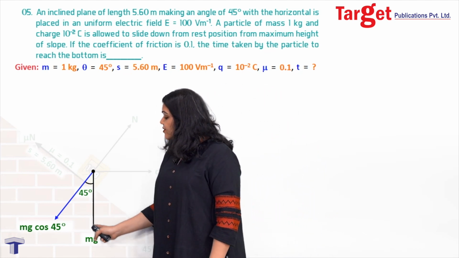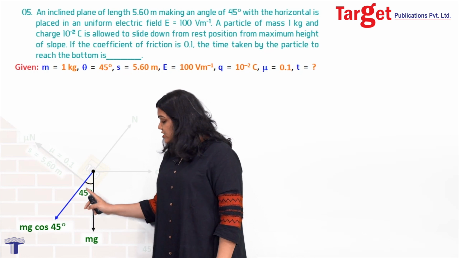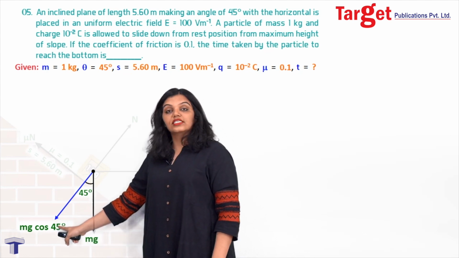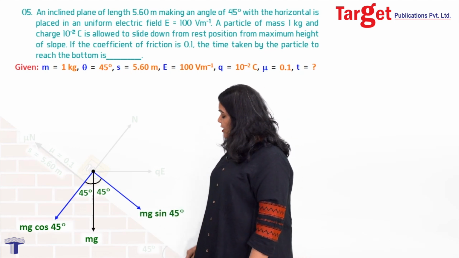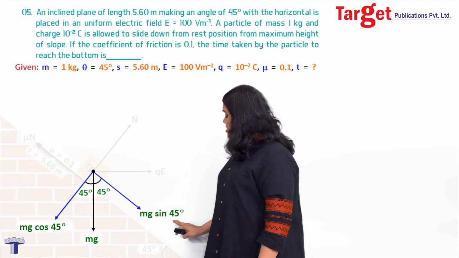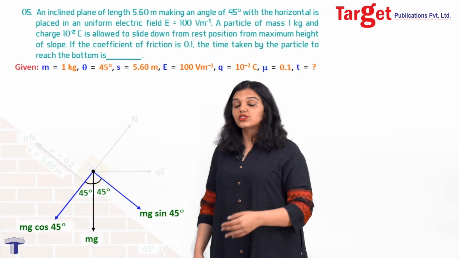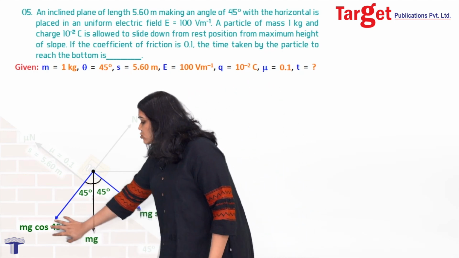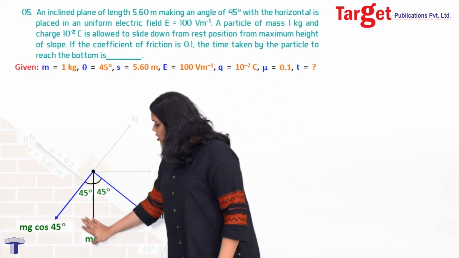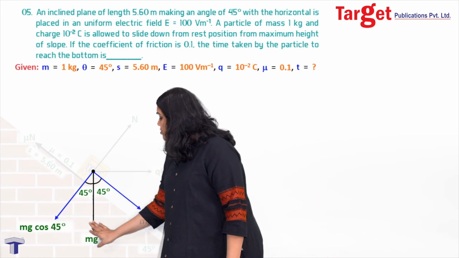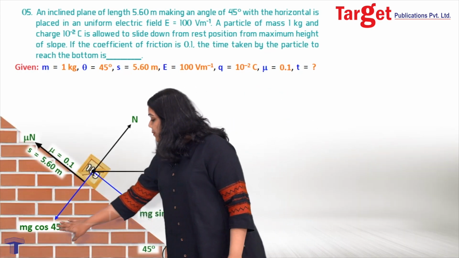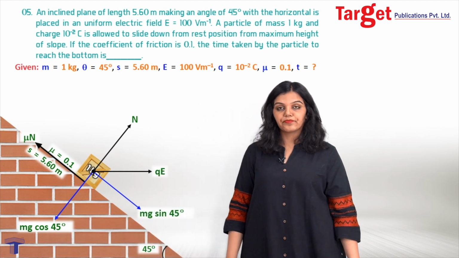So this angle is also 45 degrees, and therefore this component is mg cos 45, and the component along the length of the inclined plane is mg sin 45. Once you resolve the vector mg into two components, you should no longer keep mg in your free body diagram, but only keep these two.